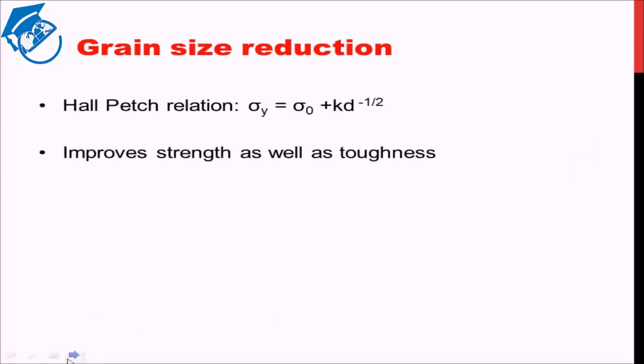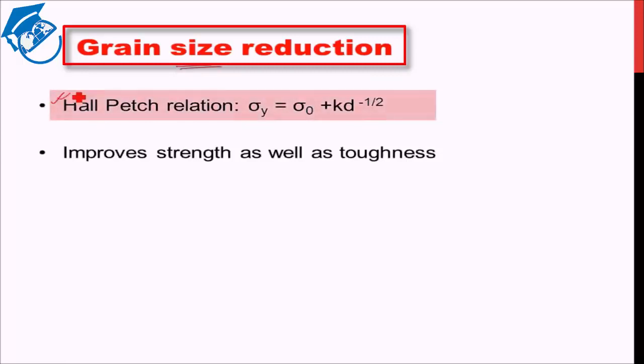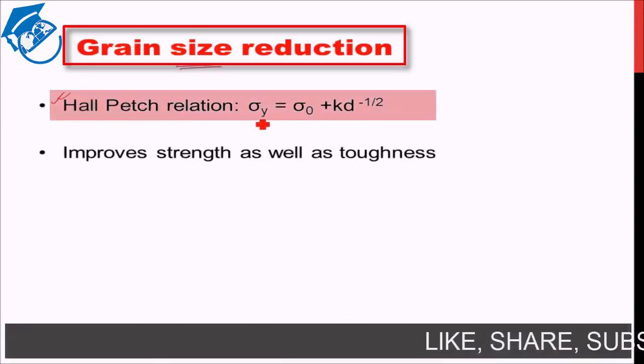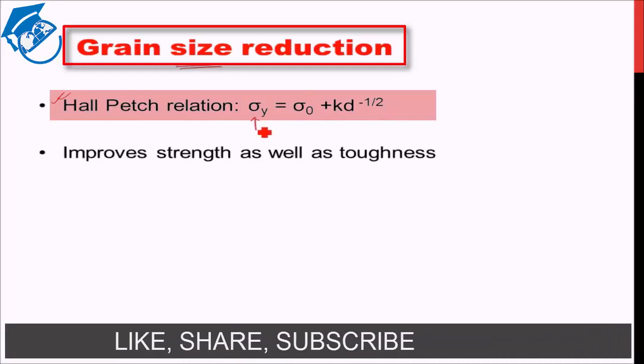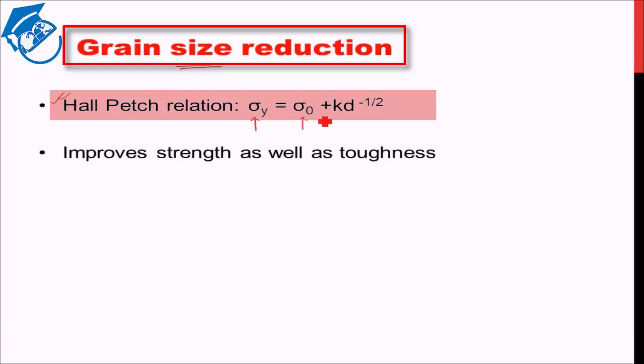now the exact relation for the grain size reduction leading to increase in strength is given by what is known as the Hall-Petch relation. What does the Hall-Petch relation say? The Hall-Petch relation states that the final strength is the initial strength, which is a constant, plus a constant times the inverse of the square root of the grain diameter.